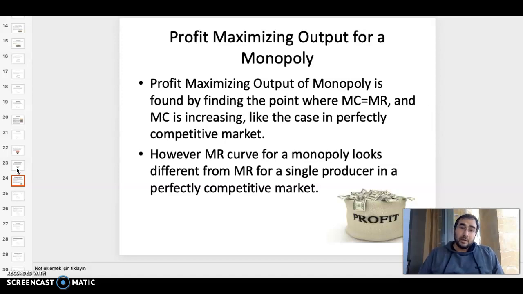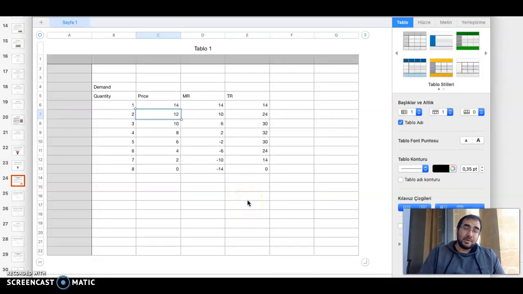So in this sense, the monopolies are similar to the perfectly competitive firms, but there is a part where they are different, and this is the marginal revenue part.